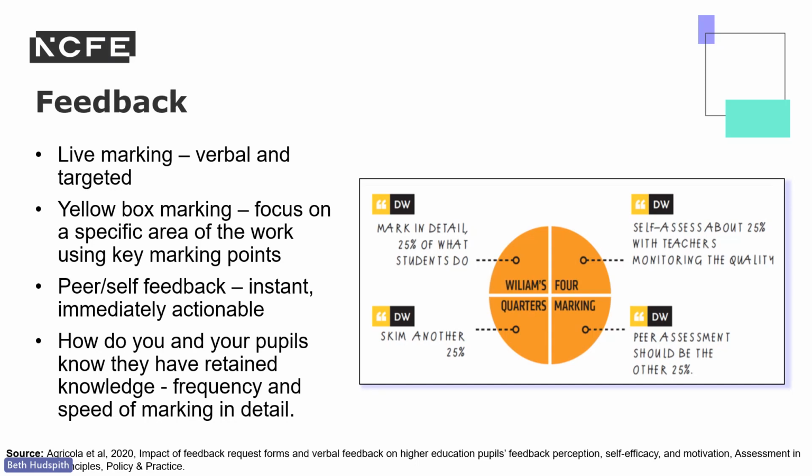A 2020 study found that pupils valued verbal feedback over written feedback, and it was stated that pupils who received verbal feedback perceived the feedback to be better in terms of quality, use, quantity, timing and usefulness compared to pupils who received written feedback.